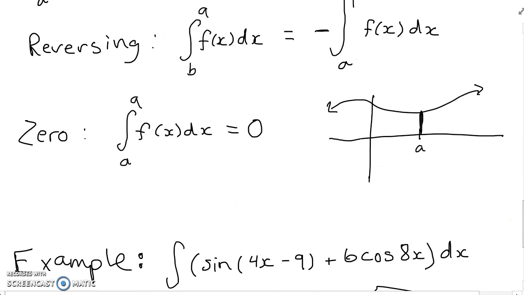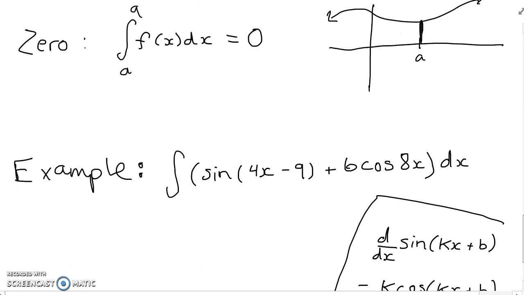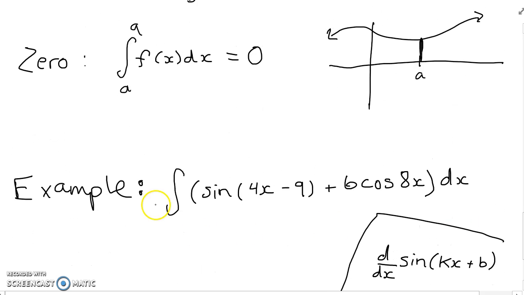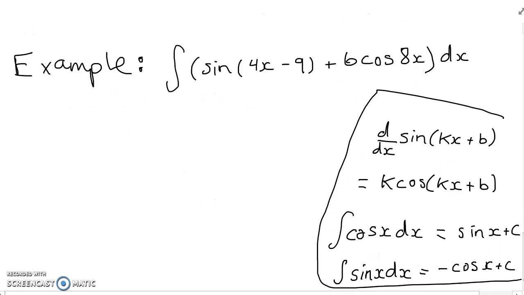So here's an example problem that I'm going to solve out. Evaluate the integral of sine of 4x minus 9 plus 6 cos 8x dx. The derivative I just have written on the side: the derivative of sine of kx plus b equals k times cos of kx plus b.